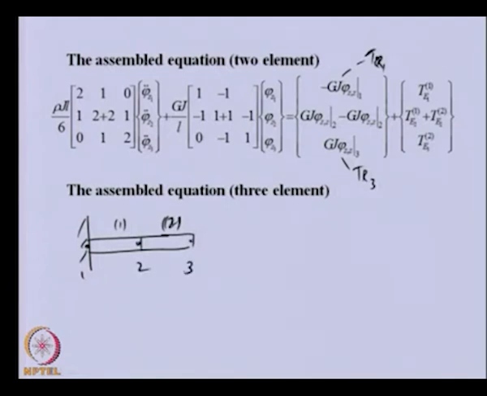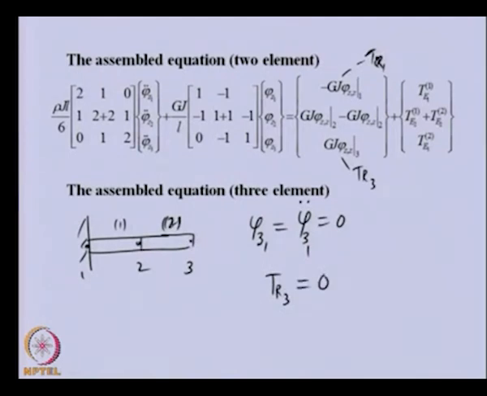At node 1 we have a fixed end, so the displacement and acceleration we expect to be 0 at node 1, and at node 3 we have a free end, so it cannot take any torque. That means the reactive torque TR3 will be 0.